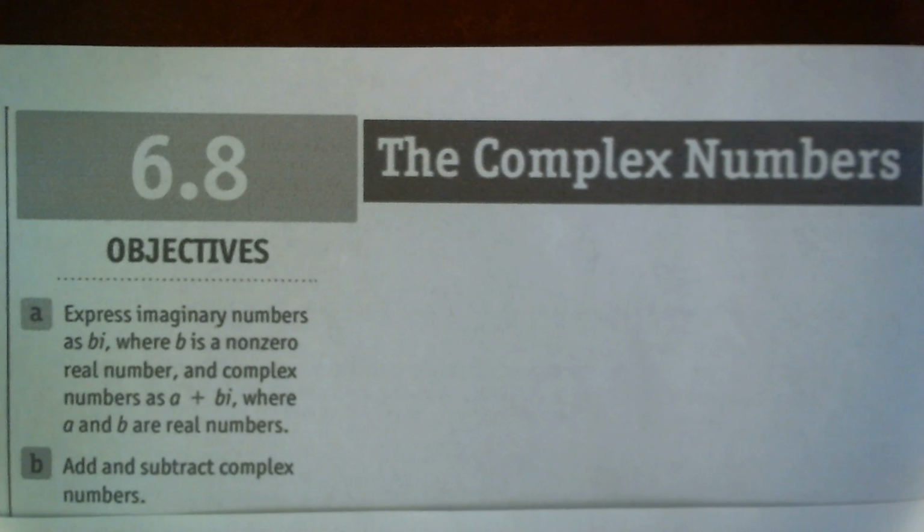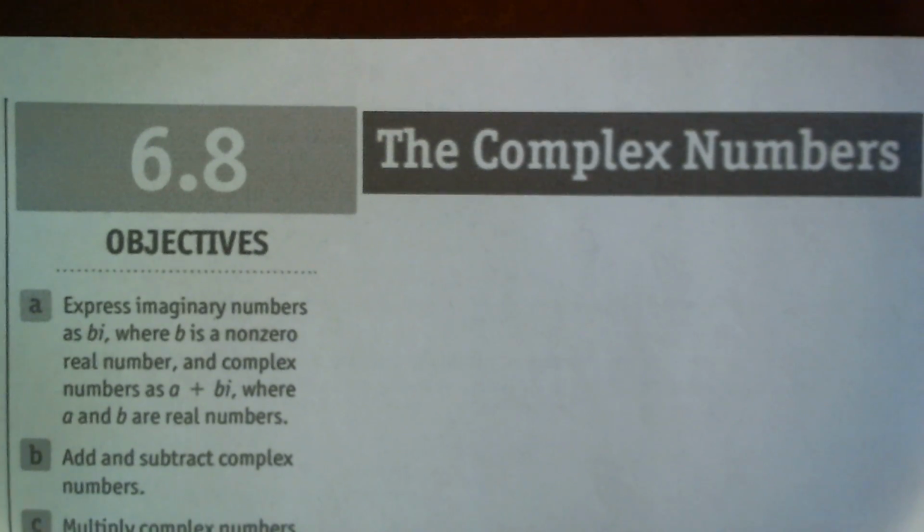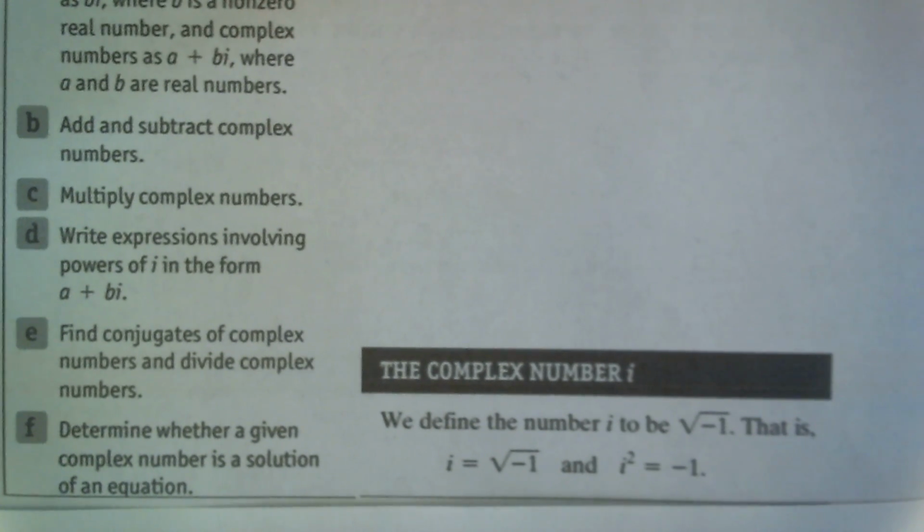Then how do we do addition and subtraction with complex numbers and multiplication of complex numbers, and then writing expressions involving complex numbers, powers of i in the form of a plus bi. And then we find conjugates of complex numbers and divide complex numbers. And then last but not least, we'll determine whether a given complex number is a solution of an equation.